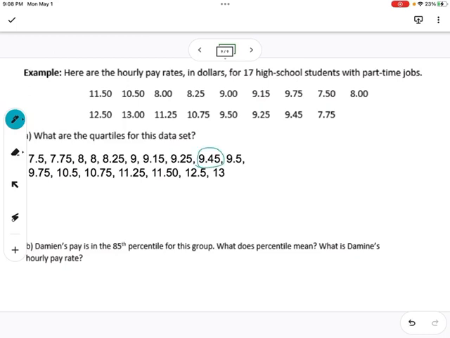So we have 8 numbers that are below that, and 1, 2, 3, 4, 5, 6, 7, 8 numbers that are above it. So the Q2, or the median, is 9.45.